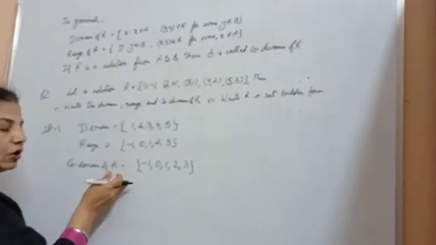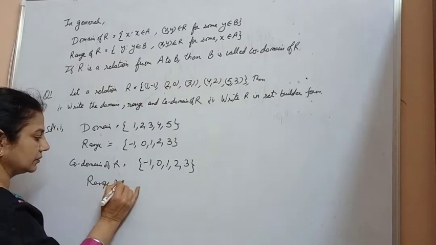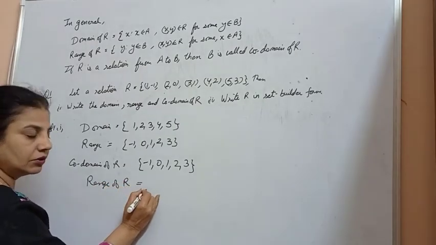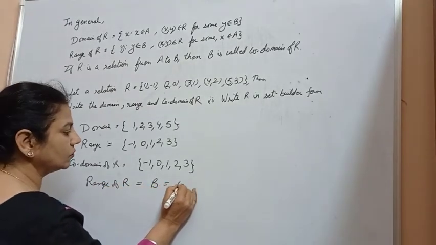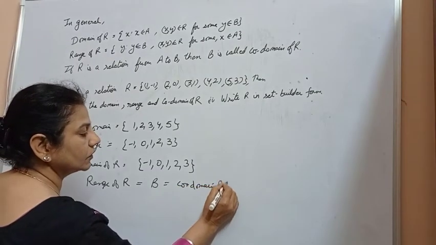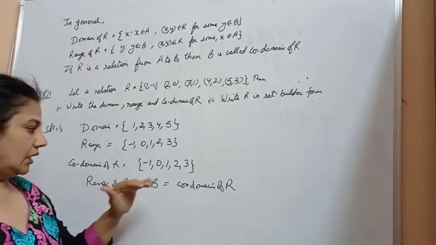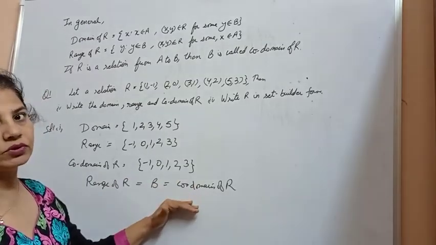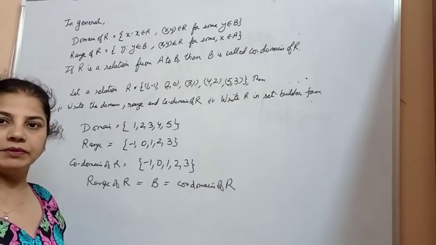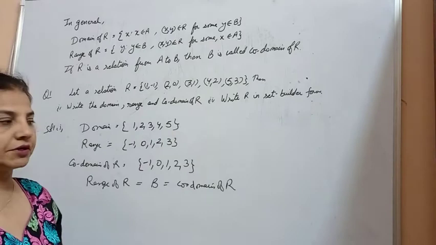So we observe that the range of R is equal to set B, which is equal to the codomain of R. The range of the relation and the codomain of the relation are both equal to set B.